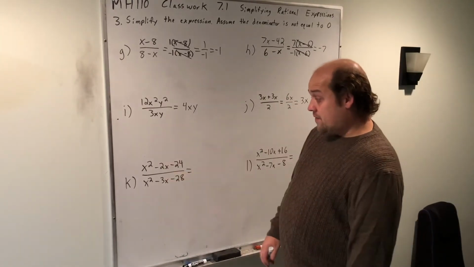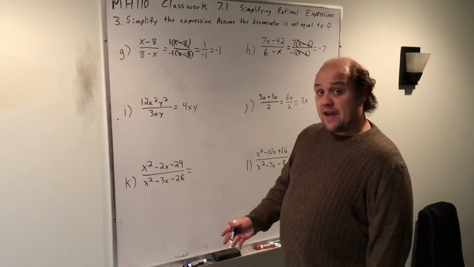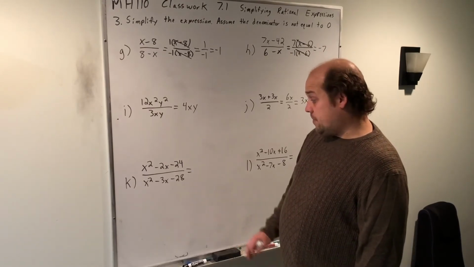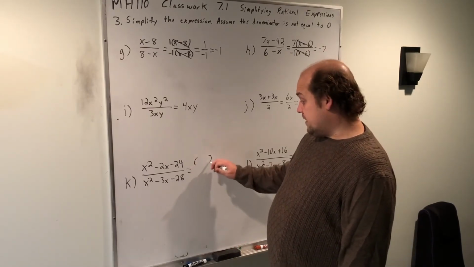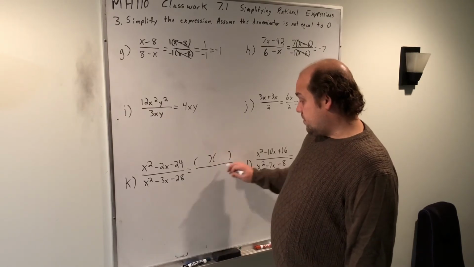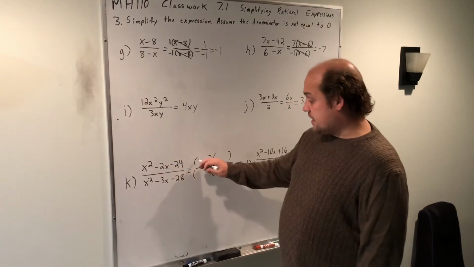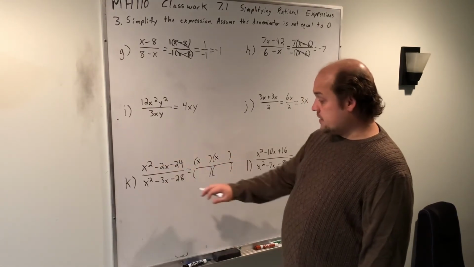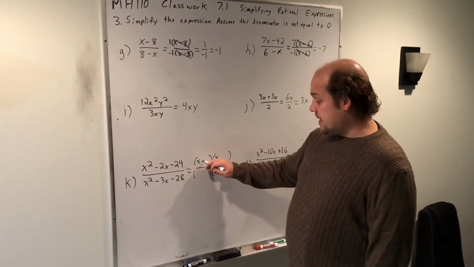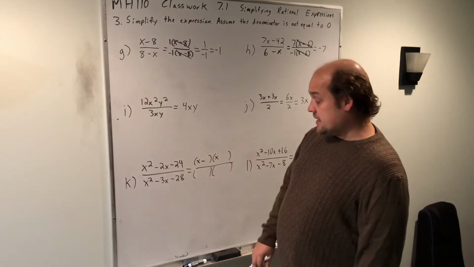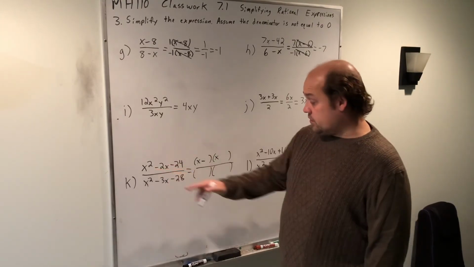In part K, we have another one of those circumstances where I have to factor, in this case, both the top and the bottom. So I'm going to put 2 parentheses on top. I'm going to put 2 parentheses on bottom. For the top, I have the x that tells me I'm going to put in x and x. I have the first sign being negative. I have the second sign telling me different from the first sign.